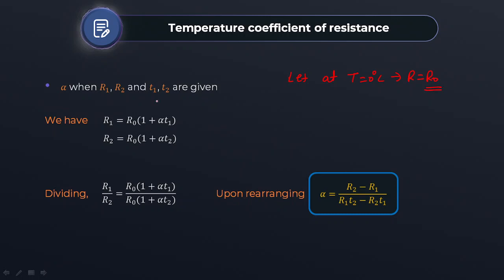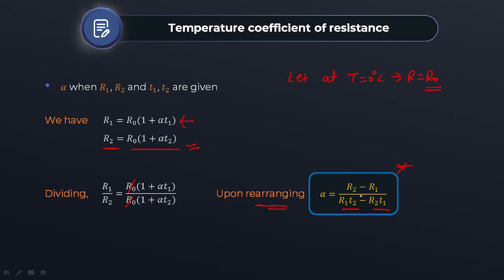Now, when the temperature is T1, R1 will be R naught into 1 plus alpha T1. Similarly, R2 will be R naught into 1 plus alpha T2. Now we can take the ratio, R naught gets cancelled, and rearranging we have alpha equals R2 minus R1, the difference of resistance, divided by R1 T2 minus R2 T1. Simple.